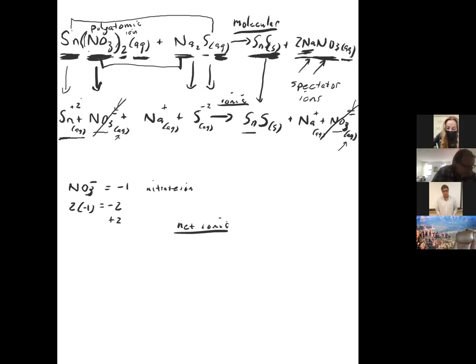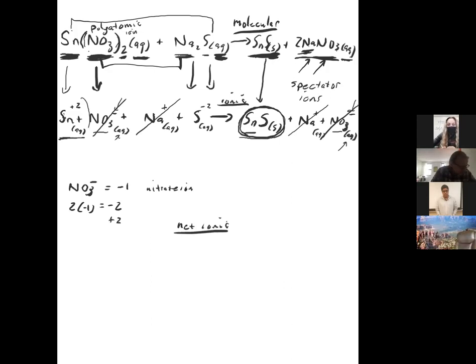Okay, so the sodium ion, it's identical on both sides. So what are you left with? If you look at the molecular, you can tell what you're left with. If it's a precipitation reaction, we're looking for that solid. So that tells you right there, we're probably not going to cancel the sulfide or the tin. But what you do is you just look at what's left over.